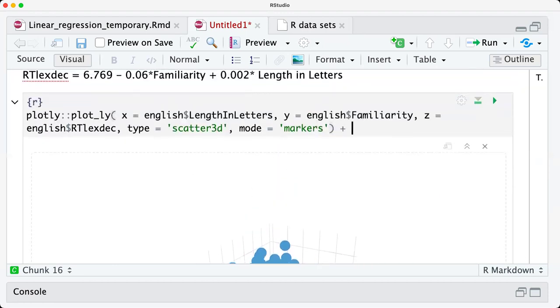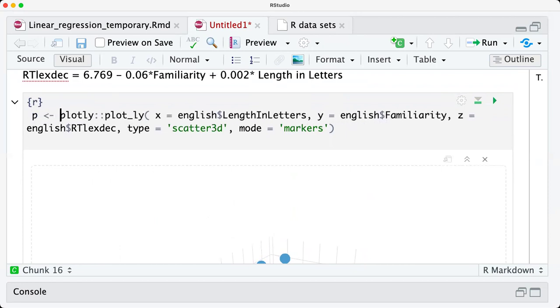And then let's add the regression plane in this case.